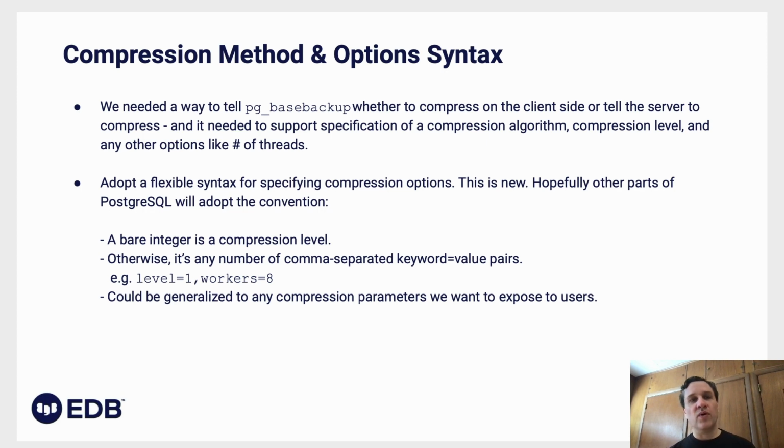And this will be quite easy to generalize to any other parameters we decide we want to expose to users. And both the LZ4 library and the Zstandard library have a bunch of other parameters that we could expose to users. Now, I don't really know whether it's a good idea to expose any of those parameters to users. It's probably not a good idea to expose all of those parameters.